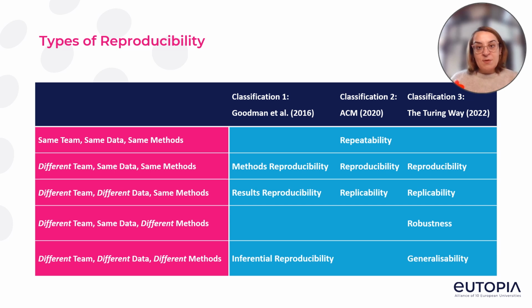The method's reproducibility is the ability for a different team to obtain the same results by using the same data and the same methods, tools, and processes. Results reproducibility is the ability for a different team to obtain the same results by using different data, but the same experimental methods, tools, and procedures.